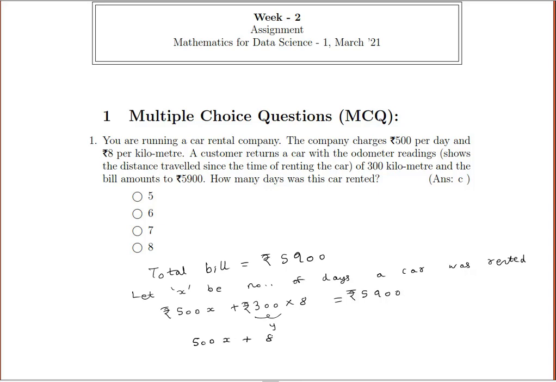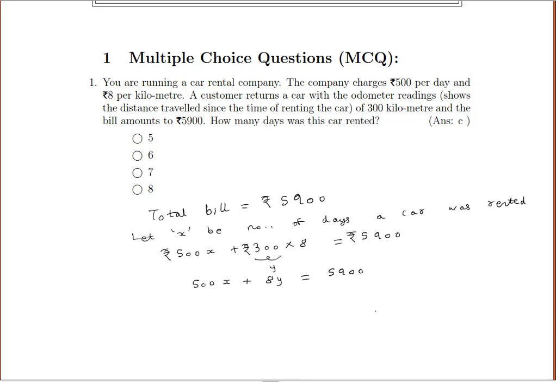So that is 500x plus 8y equal to 5900, where y is the total distance traveled in kilometers.